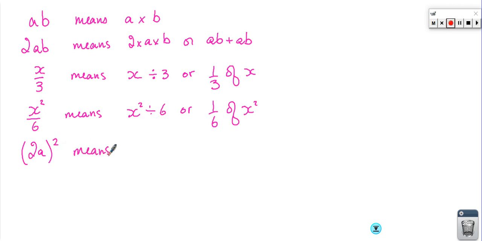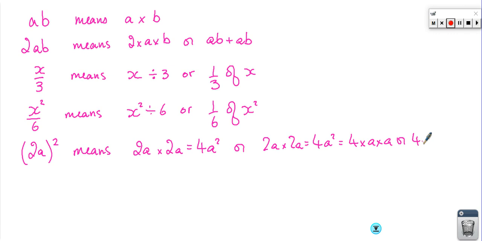That means 2A multiplied by itself, which means it's 4A squared, or 2A times 2A, which is 4A squared, the same, which means 4 times A squared, or 4 of A squared, meaning A squared plus A squared plus A squared plus another A squared.